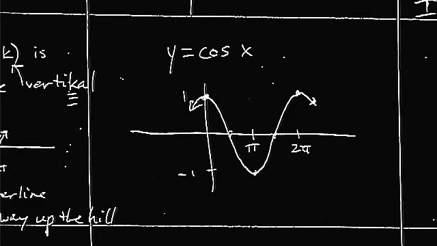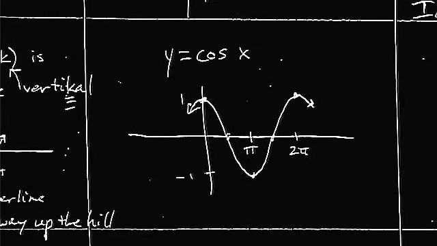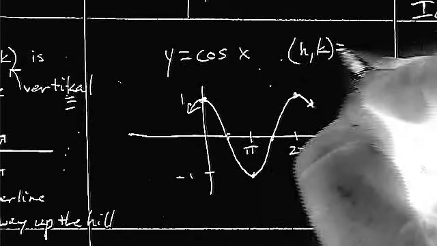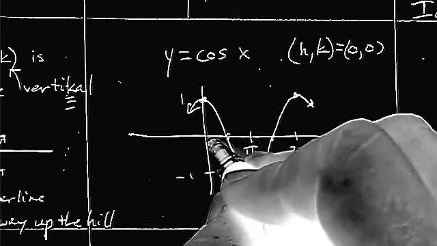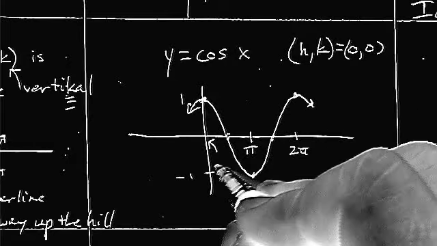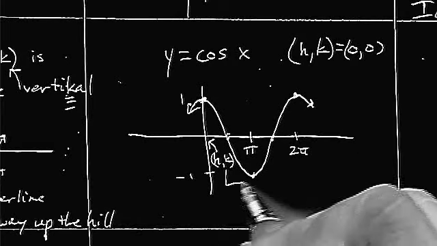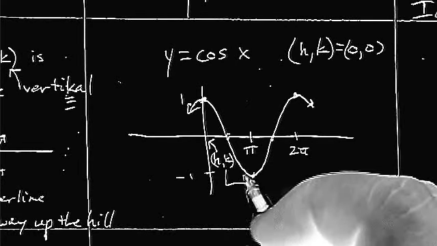How dare I? Well, here's your basic function here, and we could still see that HK is still 0, 0, and that particular point right there, 0, 0, that's my HK, does not fall on the way up the hill.